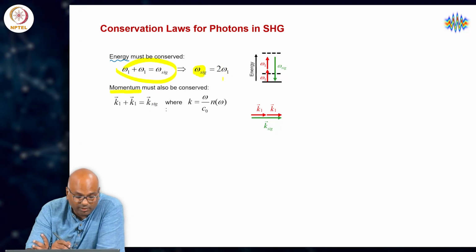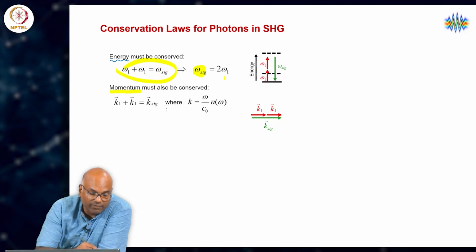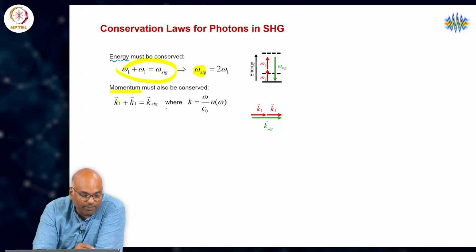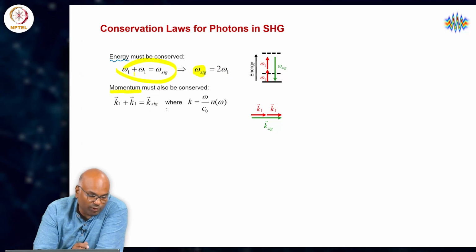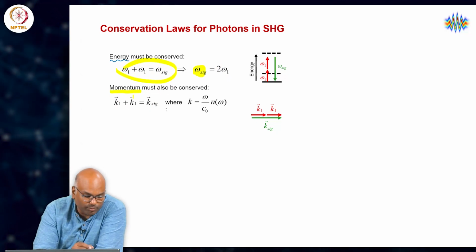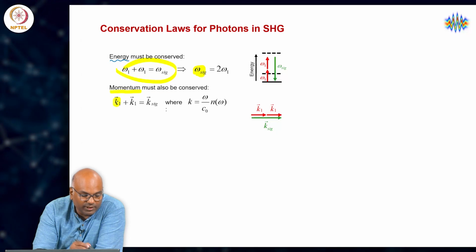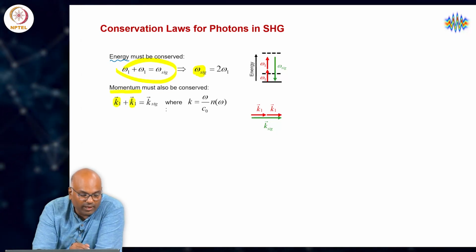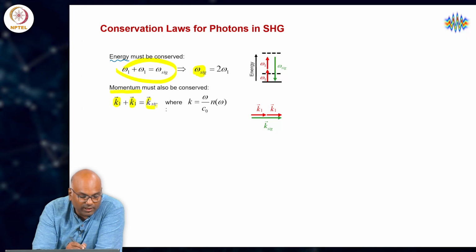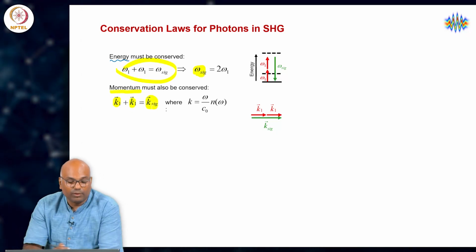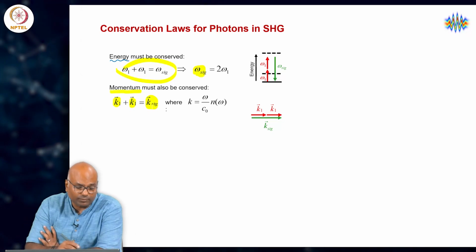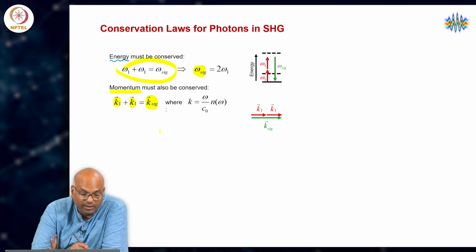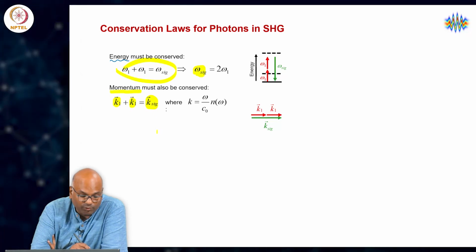Whereas, in reality momenta also should be conserved, and since momenta are associated with the k vector, in as much as omega 1 and omega 1 should add up to give twice omega 1, the momenta of the very same beams or photons should also add up to give the resultant linear momentum of the beam which is our signal, that is the beam propagating with a temporal frequency of omega signal.